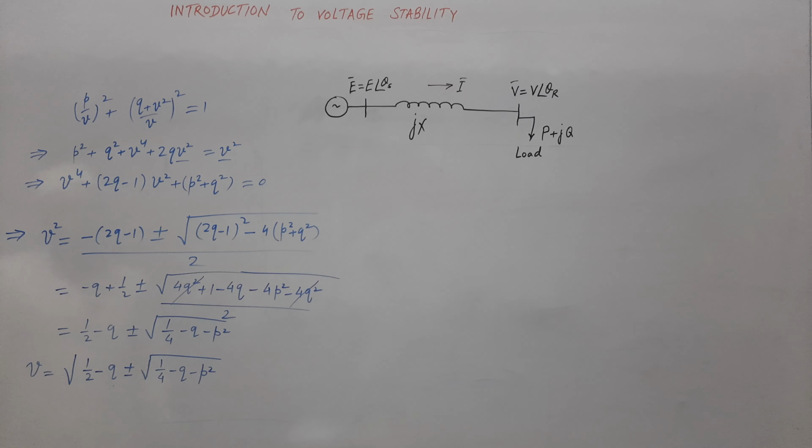We are talking about positive real solution of V. So real solution is possible provided for real solution we have this term, that is 1 by 4 minus q minus p square should be equal or greater than 0. Discriminant should be equal or greater than 0. Only then we can get real solution of bus voltage, right?